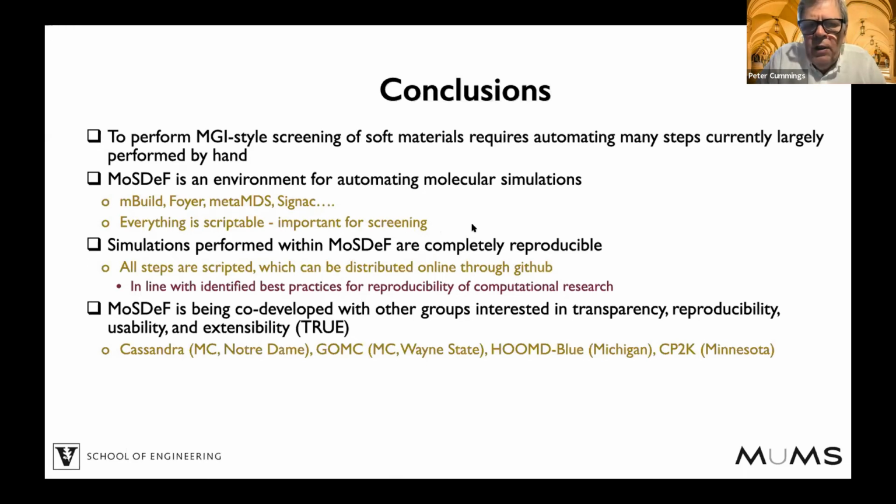Everything is scriptable, which is important for screening. It's also important from the point of view of reproducibility. Simulations performed within MoSDeF are completely reproducible. All the steps are scripted. You can distribute them online, and it's in line with all the best practices for reproducibility of computational research that I mentioned earlier in the talk.